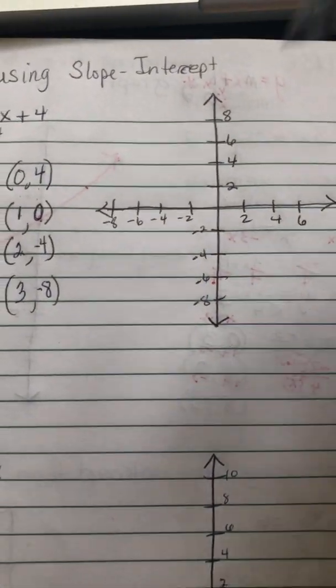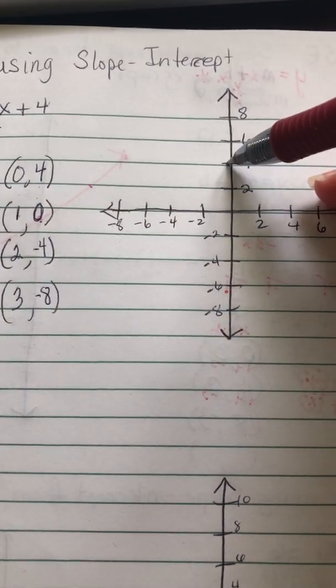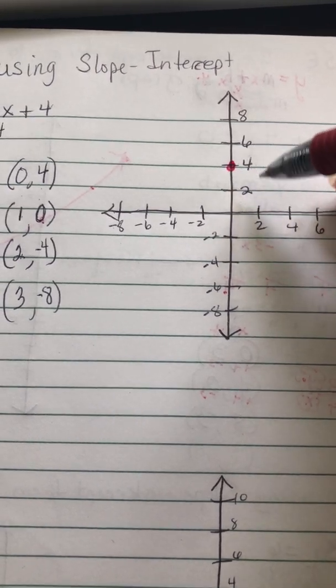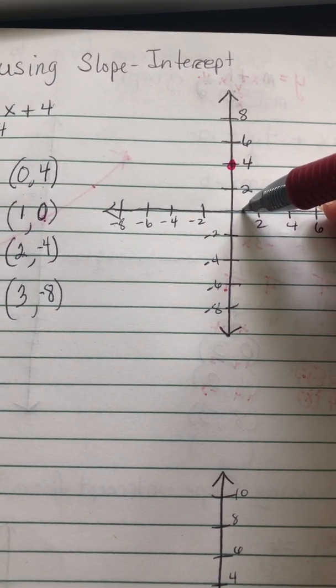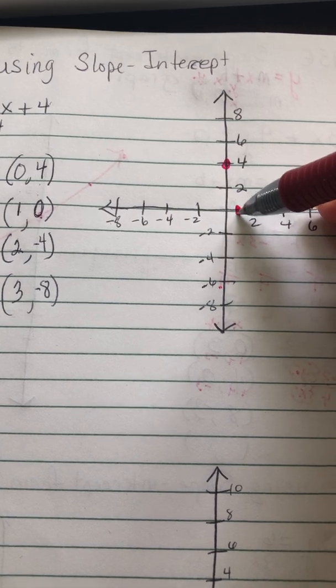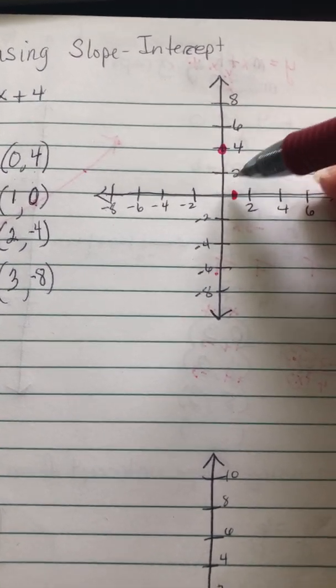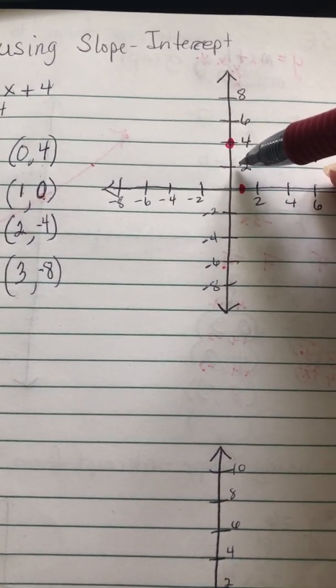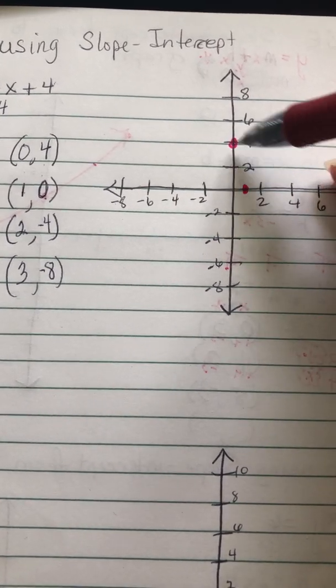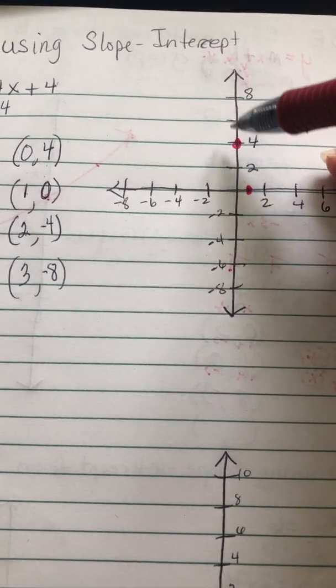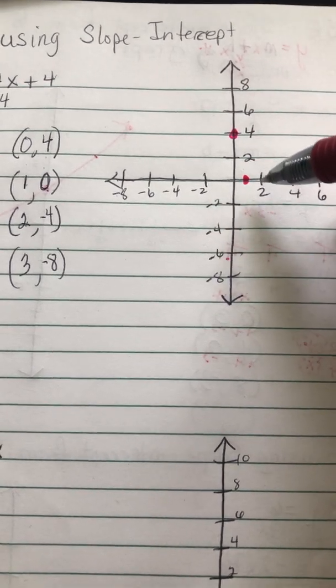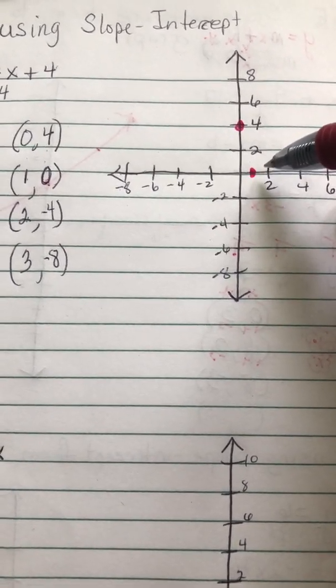So if we come over here and graph it, we go 0 and 4 on the y value. And then we have 1 and 0. This graph is by 2, so be careful when you're graphing things, to make sure you see whether the graph is marking them every 1 or every 2 or every 5. You got to be careful about that. I always mess it up.